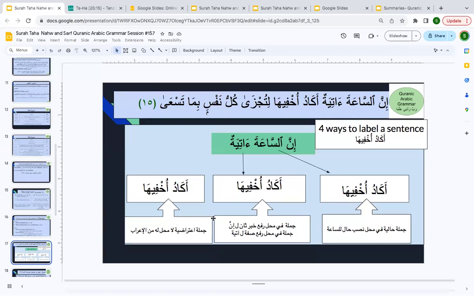Number 3, you can call it the sifa for atiyatun. And number 4 is it can be another khabar for inna, right? Another khabar for inna.